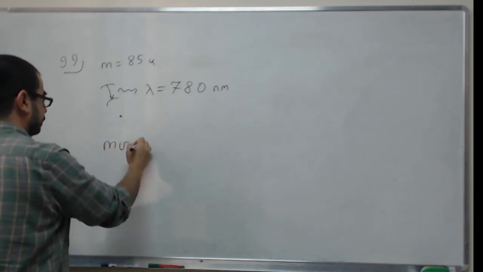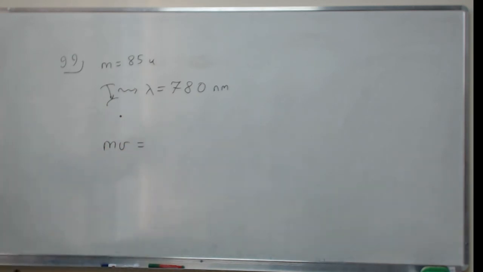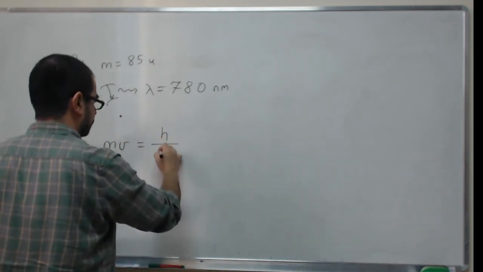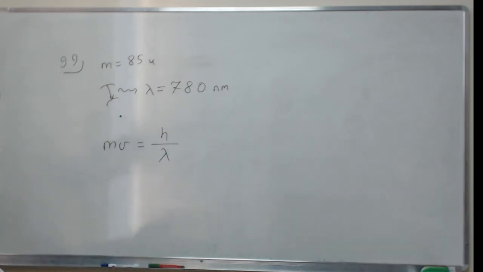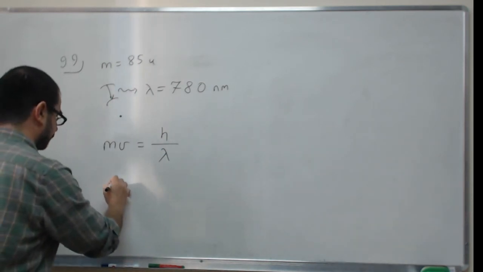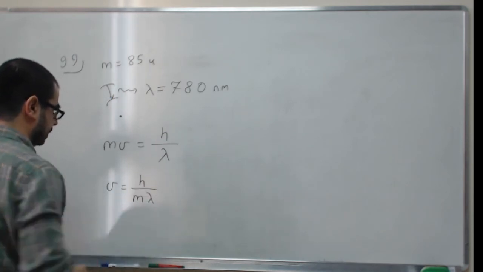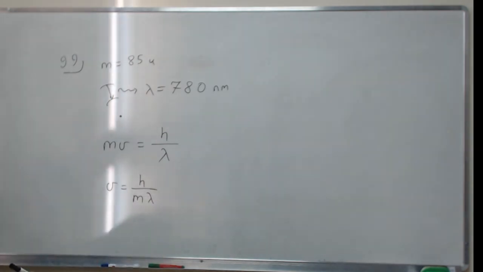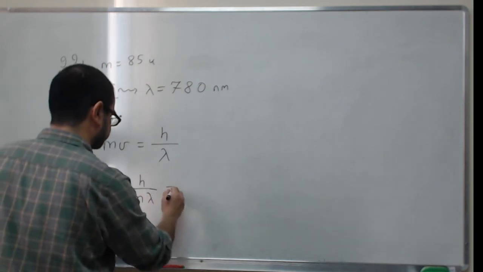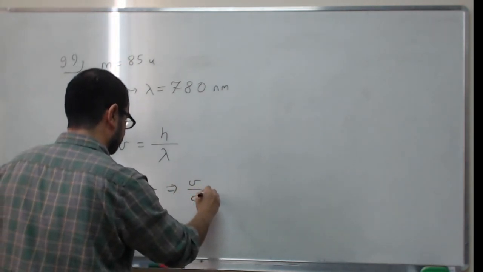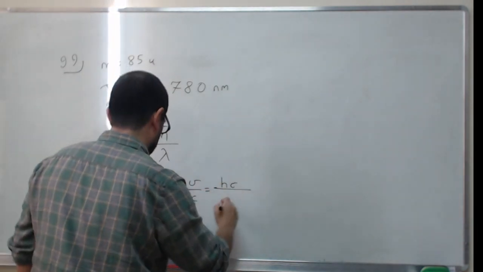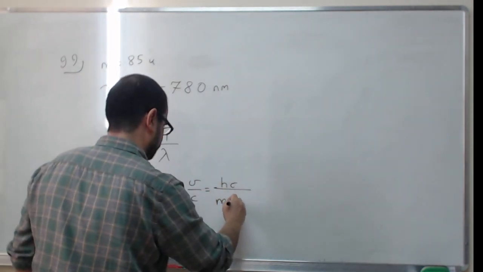M times V is going to be equal to h over lambda. Right? And you just need to substitute the values and get some answer. And if you want to use the tricks that I mentioned in the previous videos, what you can do is that V over C equals HC over MC squared lambda.